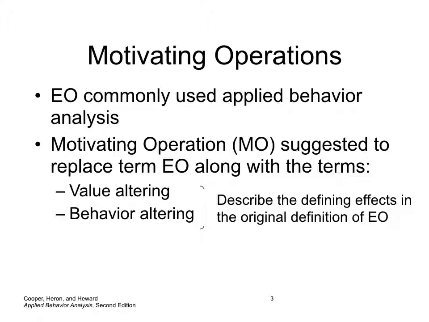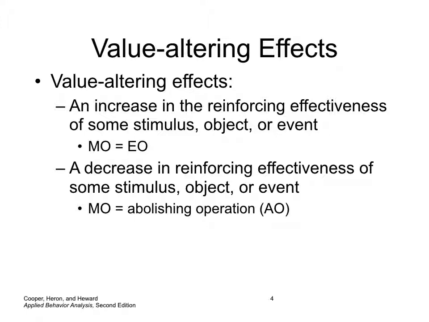So we'll talk about these two defining effects of MO. The value altering effect is either an increase in the reinforcing effectiveness of some stimulus object or event, in which case the MO is an establishing operation, EO, or a decrease in reinforcing effectiveness, in which case the MO is an abolishing operation, AO.